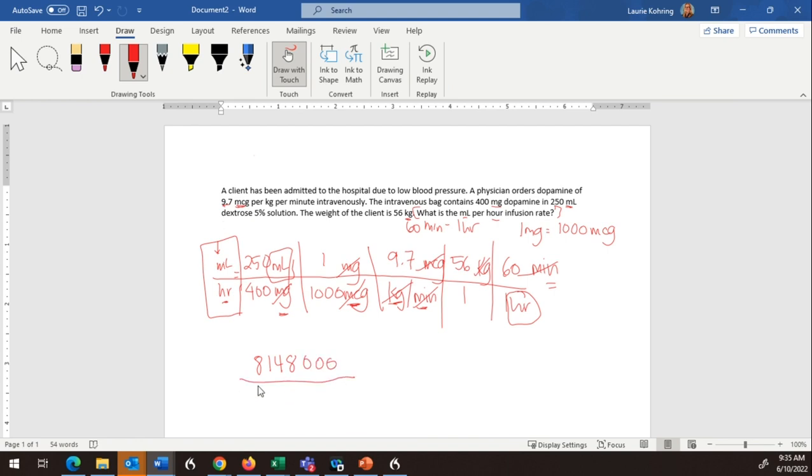And then on the bottom we have 400,000. So we'll divide that to get 20.37. And if we're rounding to a whole number, then it would just be 20 milliliters per hour. Hope that helps.